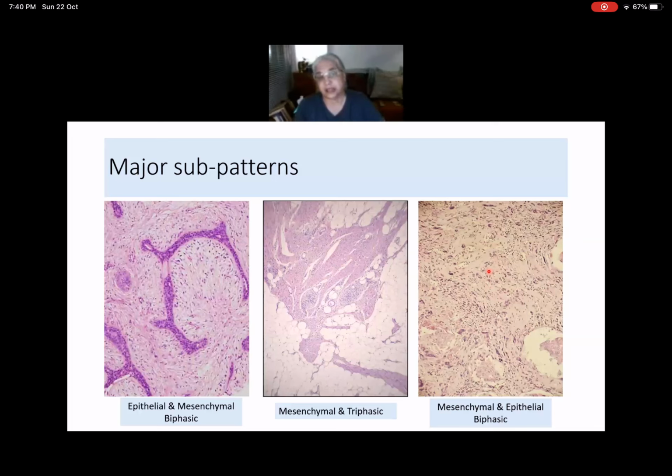Now there are the sub patterns. Okay, and here you have epithelial and mesenchymal, which is biphasic. We have mesenchymal. All of this over here is mesenchymal and it is triphasic. You've got fat, you have got these pink collagen-like cells, which are fibroblastic cells, which are producing collagen.